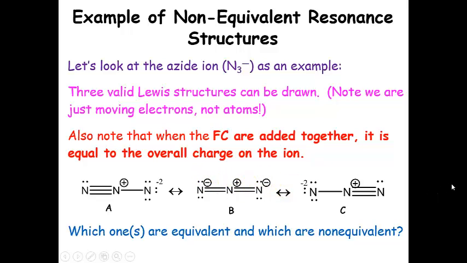The inner nitrogen has a +1 formal charge. And same here, we have a triple bonded nitrogen with 1 lone pair on this side, and then a nitrogen with 3 lone pairs on the other. And again, the middle nitrogen has a formal charge of +1. So which of these are equivalent and which are non-equivalent to each other? So we're going to compare them to each other.